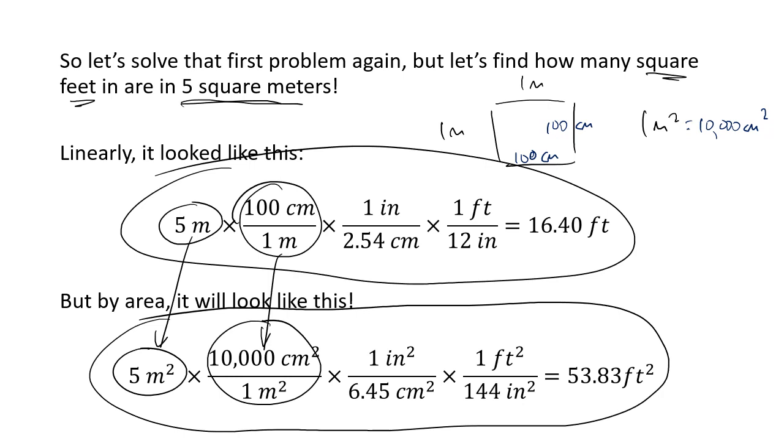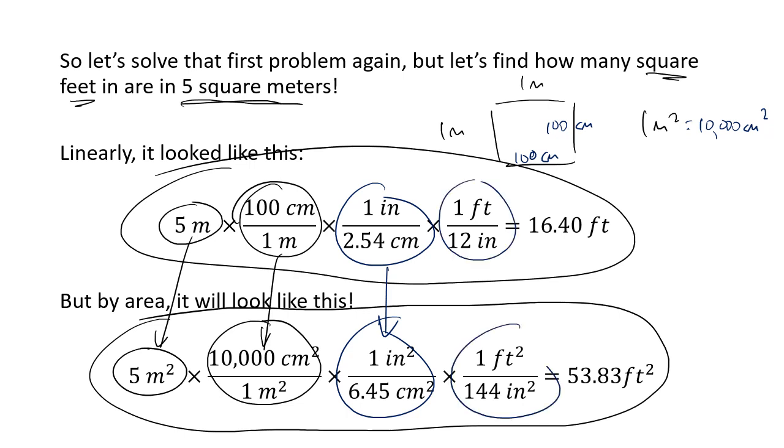So this conversion factor has to change also. If you need to draw these squares and think about what that conversion factor is going to look like and how that changes within a system, if that helps, by all means, draw those little squares. But a lot of times students will remember to change this conversion factor, but forget to change the conversion factors within the system, this metric conversion and then this U.S. customary conversion.